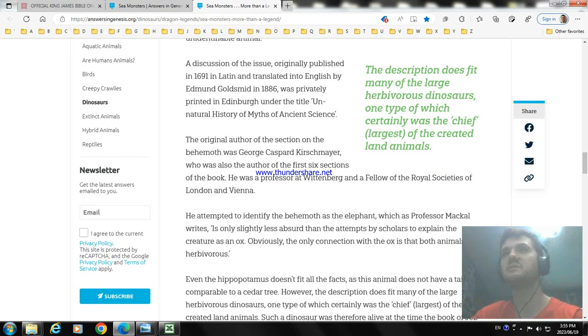The work was published in 1691 in Latin and translated into English in 1886, under the title History of Ancient Science. The author of its section on the behemoth was George Caspar Kirchmaier, who was the author of six sections of the book and was a professor at Wittenberg and a fellow of societies in London and Vienna.